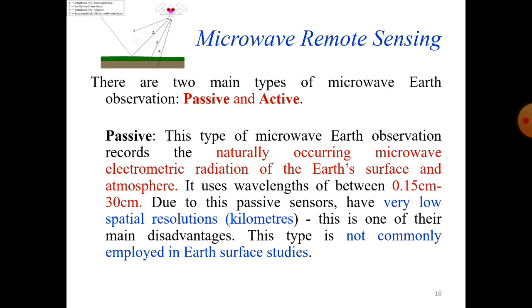It has a wavelength of 0.5 centimeters to 30 centimeters. This kind of natural source which emits the microwave spectrum is very small in its range, and thereby the information it can gather is not that clear.